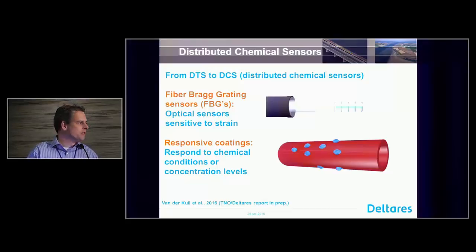When we combine that with a coating that responds to the chemical you're interested in, for example nitrate, the strain that it produces can be measured again with the light and the backscattering in the glass fiber. And we are quite close to having a coating that is responsive to nitrate. That's worked on together with TNO, another research institute in the Netherlands.